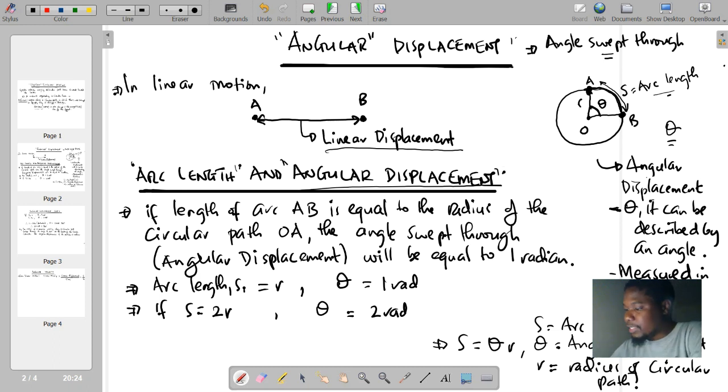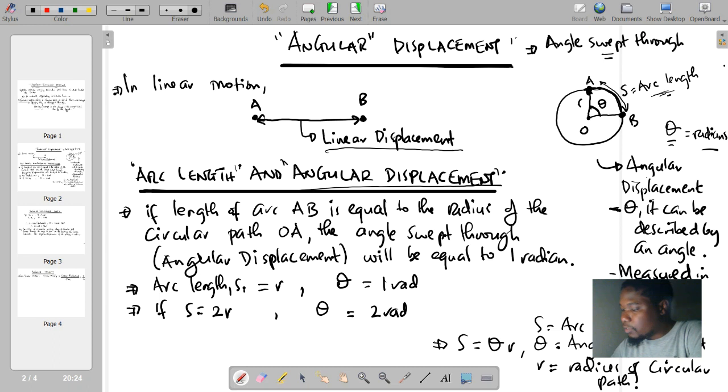Now let's look at the connection between arc length and angular displacement. So we talked about it here. I think one of your books in your syllabus is Django, where it sort of gives an indication as if arc length is the same as angular displacement, but they are not the same. What I want you to understand is arc length is a distance around the circular path that is covered, but angular displacement is the angle covered in covering that distance, and this angle is measured in what we call radians.